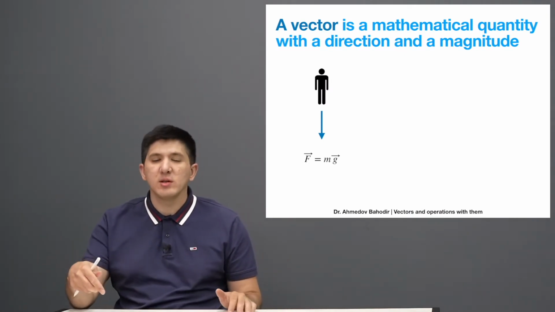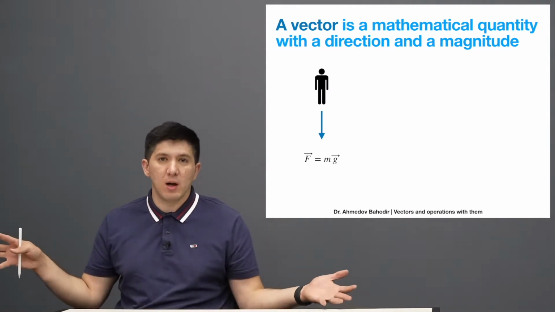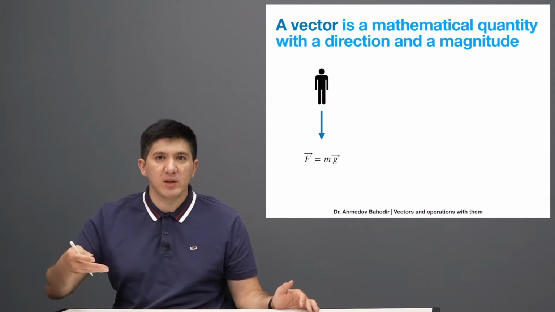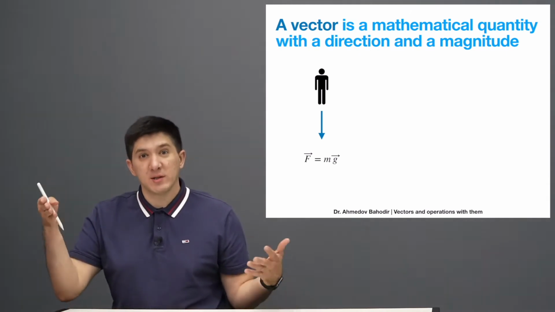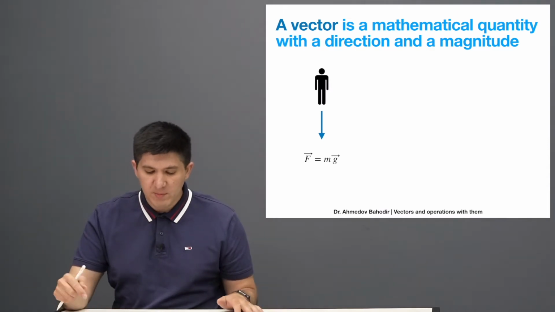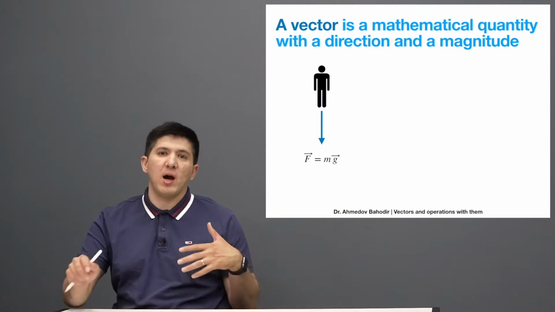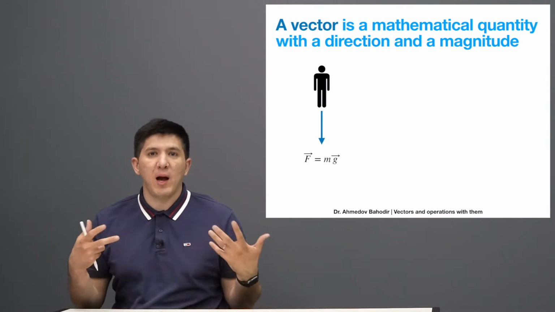So if you look at the gravitational force, which is applied to all of us on the Earth, it is directed to the center of the Earth, and its magnitude is proportional to the mass of an object. The higher the mass, the higher the magnitude of the force.